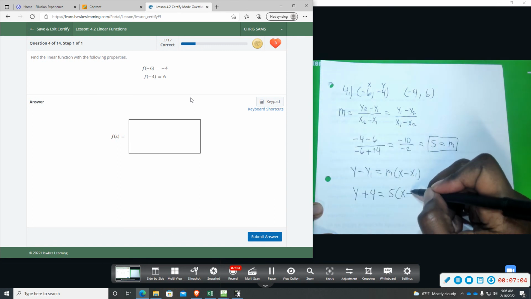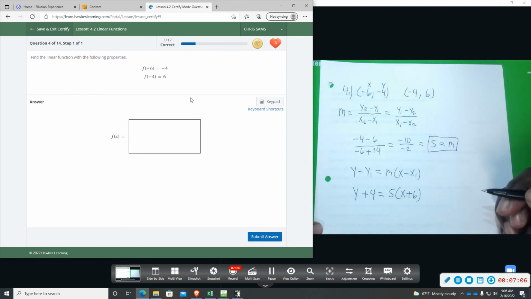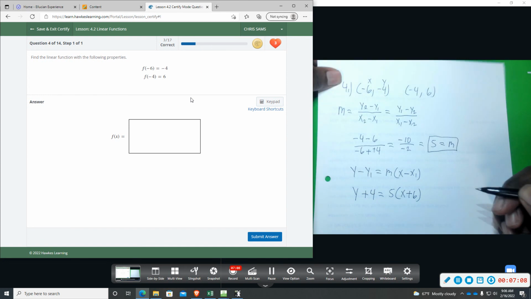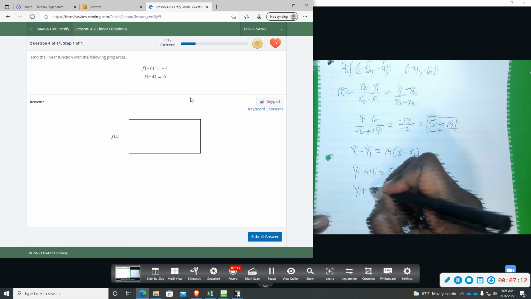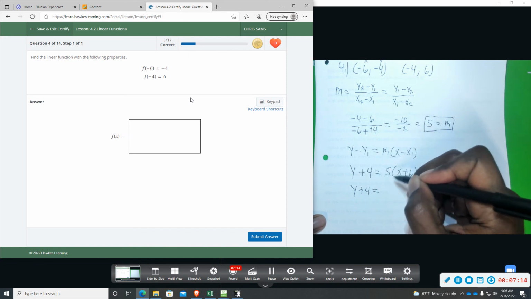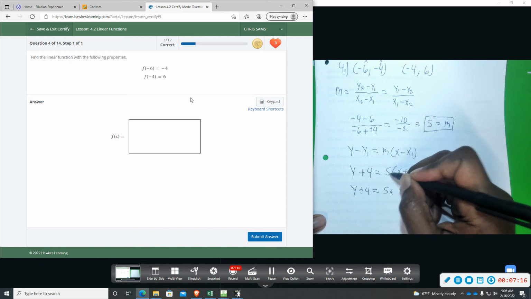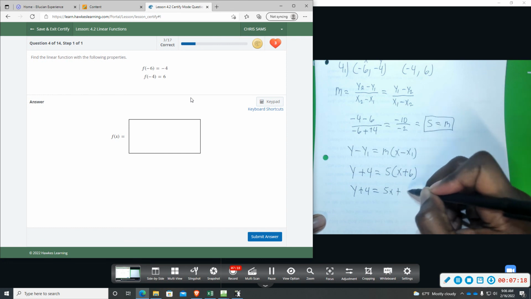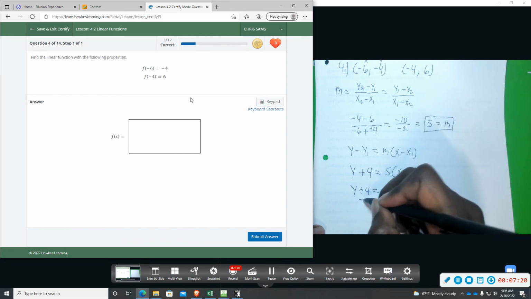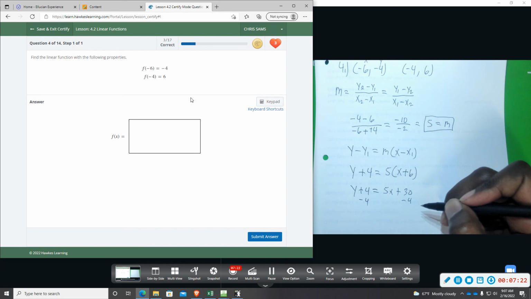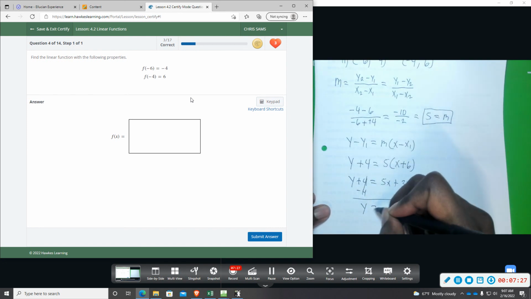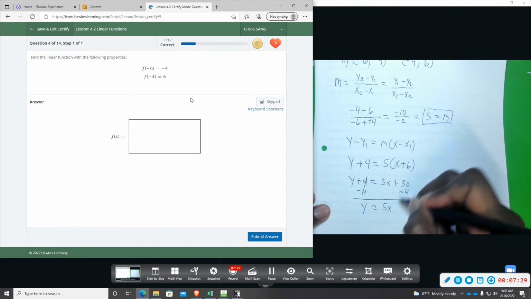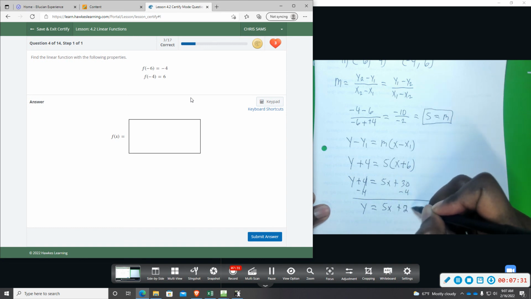So minus a negative becomes plus 6. And then we're going to simplify. So y plus 4 equals 5 times x, 5x, 5 times 6, positive 30. Subtract 4. And we get y, that goes to 0, equals 5x plus 26.